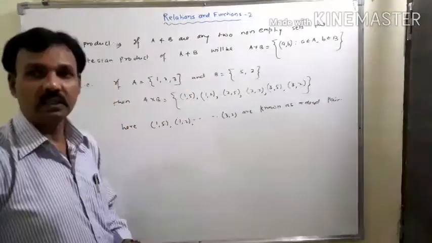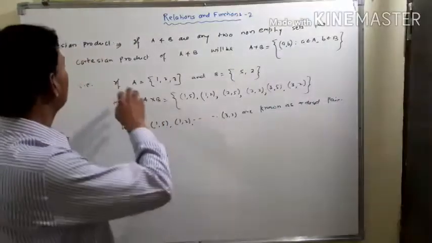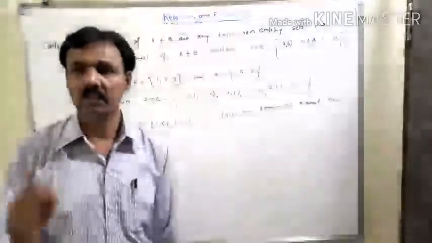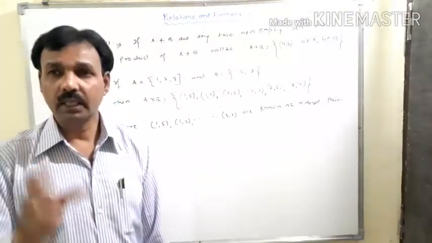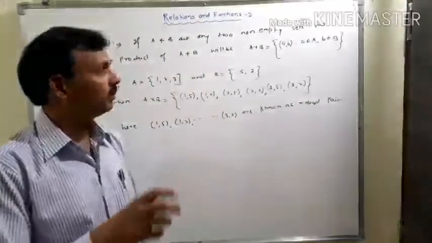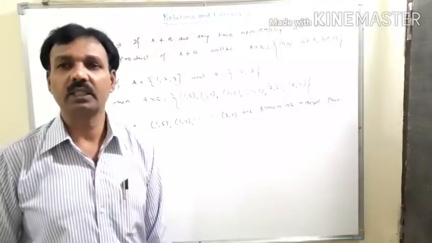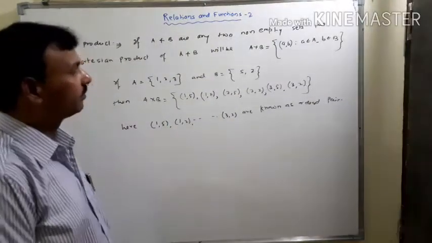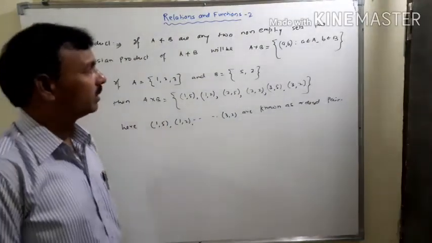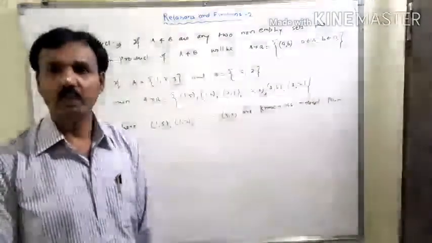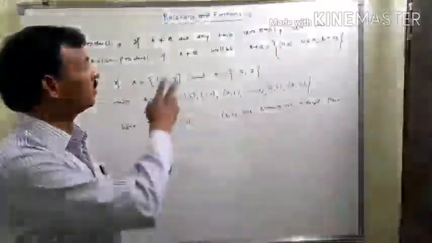That means if we want to define the Cartesian product, we can say that the set of all ordered pairs of the sets A and B, which is represented by A cross B, is known as the Cartesian product. Now in the next video, we will discuss the next topic related to relations and functions.